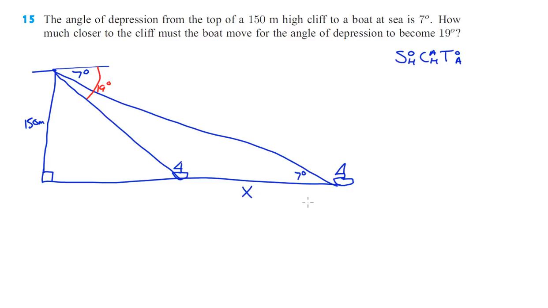Okay, so let's do this. We can figure out what this whole distance here is, right? So let's do a small picture here. Here's our cliff, here's our 7 degrees with our boat here. We can figure out this total distance because this is 150.